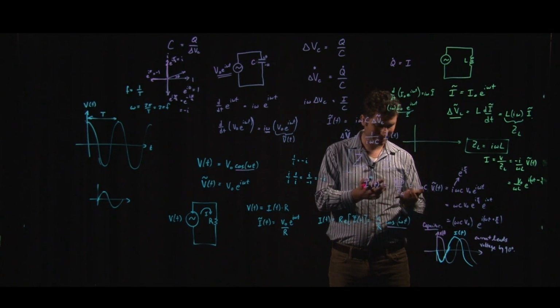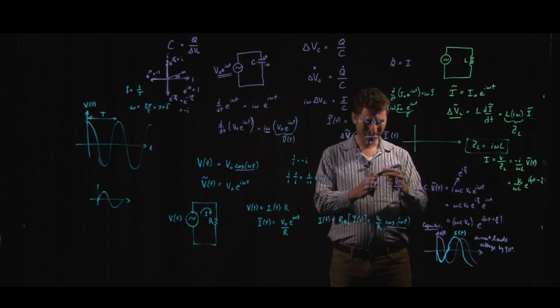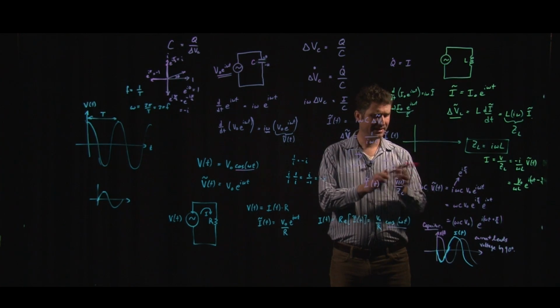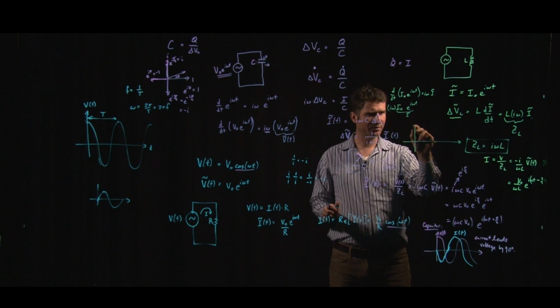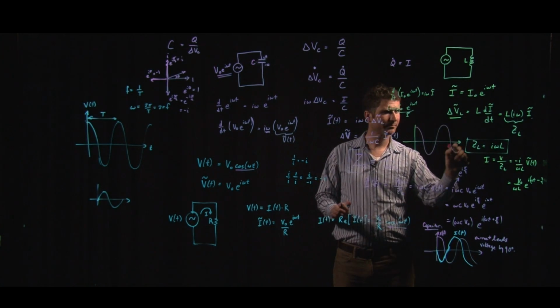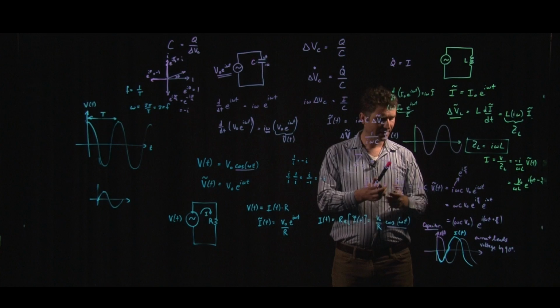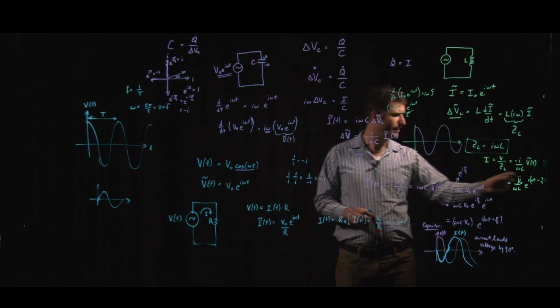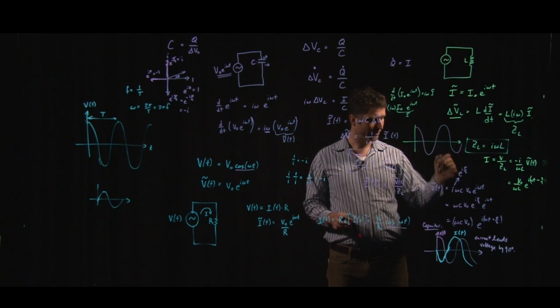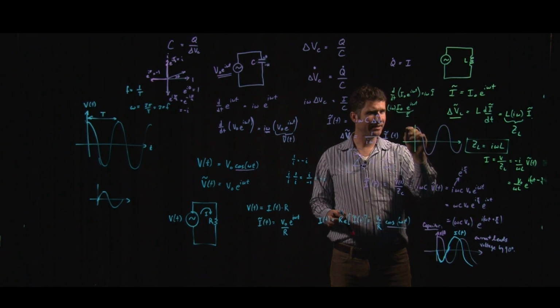So again, I can draw a picture here of the driving voltage, and I'll try to stay consistent with my colors. I'm going to do my driving voltage like this for an inductor, and then I'll plot the current as lagging by 90 degrees.